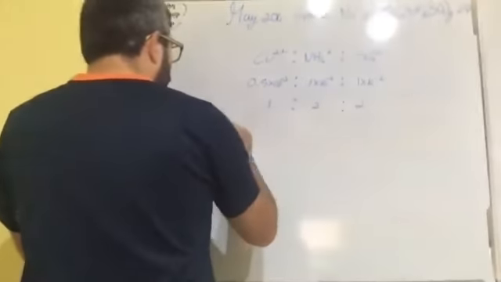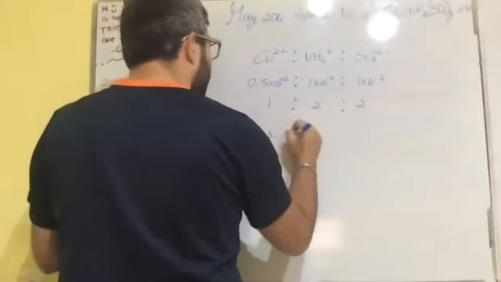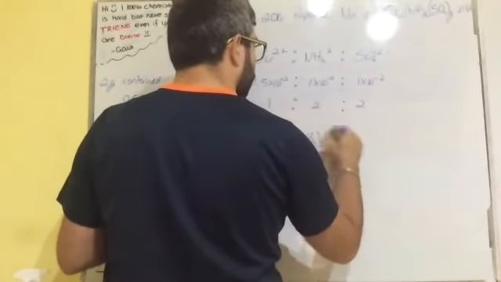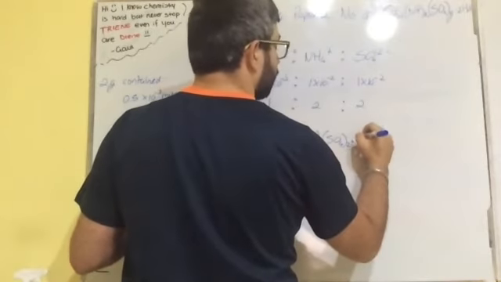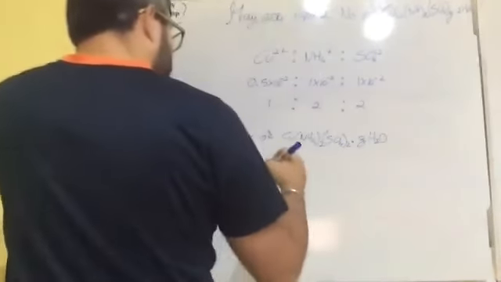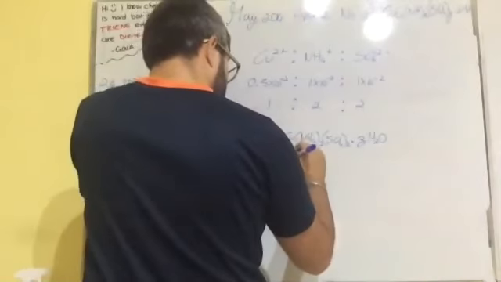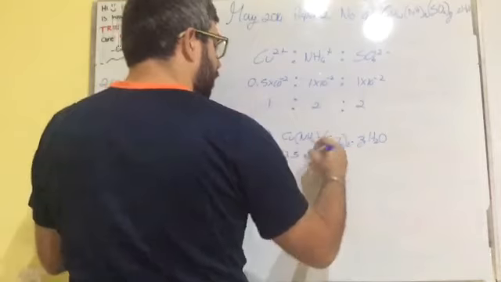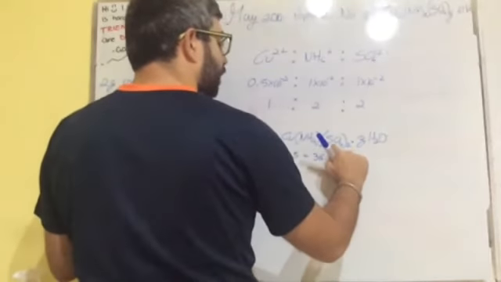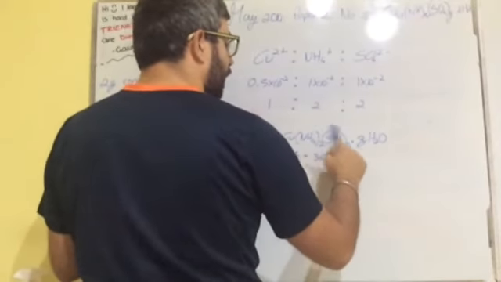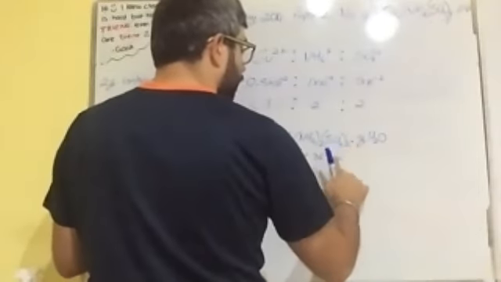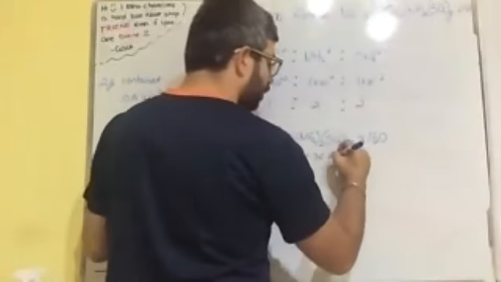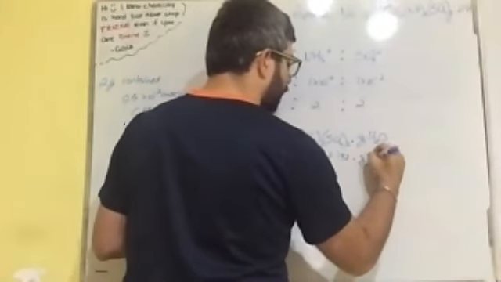So 1 mole of Cu(NH4)2(SO4)2·ZH2O will be equal to 63.5 plus 14 plus 4, 18 times 2, 36, plus 16 plus 64, 80 times 2, sorry, 32, 32 plus 64, 96, times 2, which is equal to 192.ZH2O.